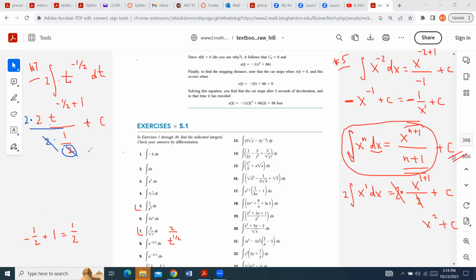Or if you flipped 1/2, 2 will go on the top anyways. So it's 4. And now t, we already know the power, it's 1/2, right? And the constant added. And finally, it's a square root, right? 4 square root t plus the constant, just like that.